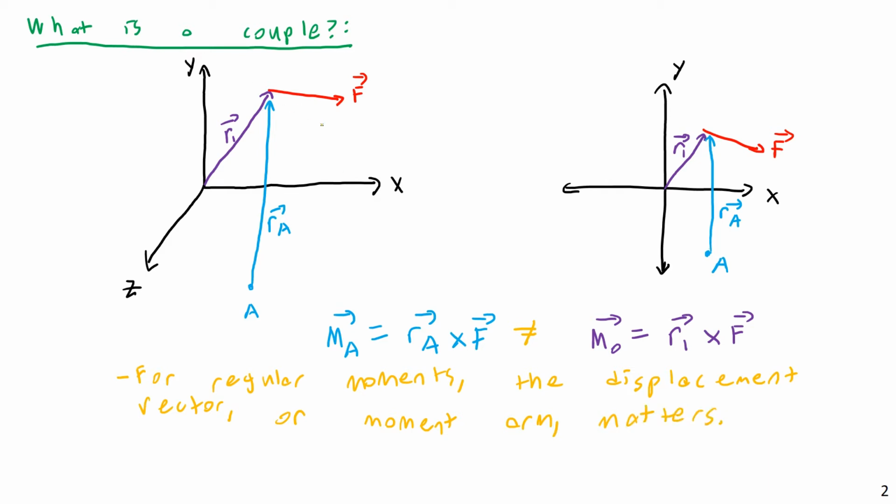In other words, depending on where I take the moment about, I'm going to get very different results. So if I take the moment about over here, I'm going to get a different moment than if I take the moment here, and a different moment than if I take the moment here, etc., etc., etc.